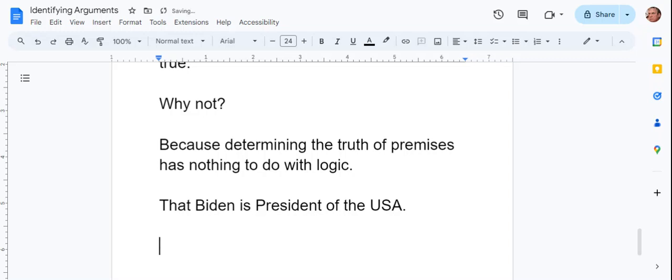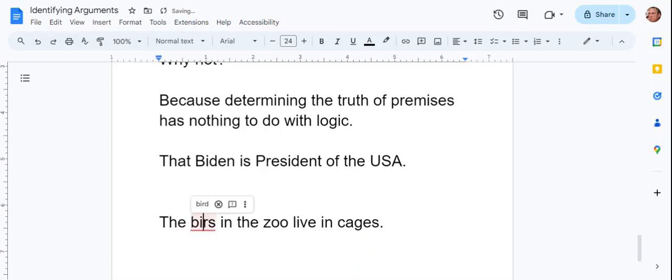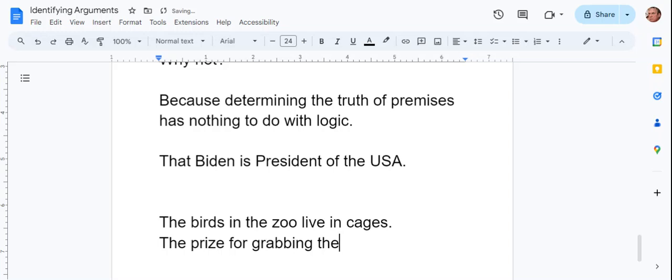What is logic? Well, let's look at a couple pairs of statements. Random statements. The birds in the zoo live in cages.